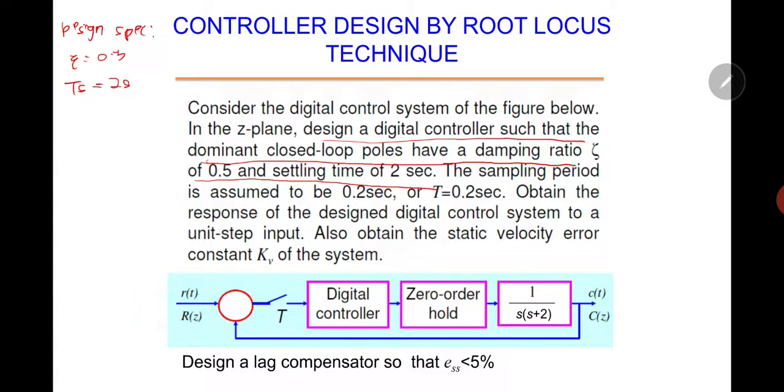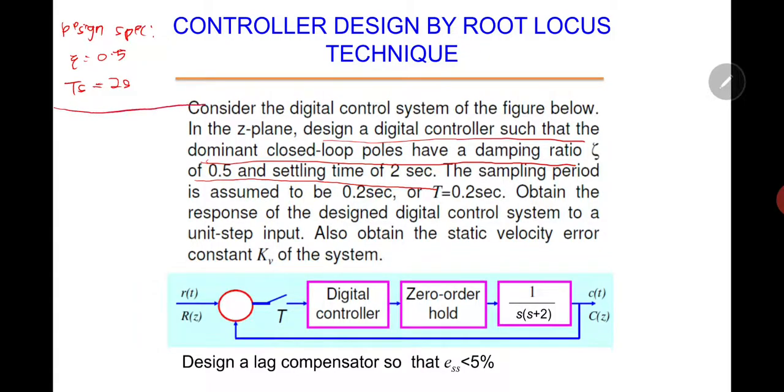Settling time means that we want the system to start from 0 and then reach the desired output within 2 seconds. And zeta 0.5 is specified because zeta will influence the transient response, such as the percentage overshoot, rise time or settling time.